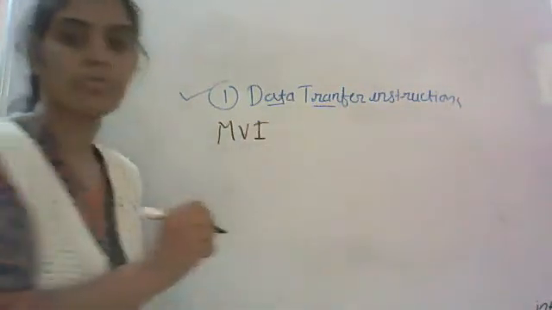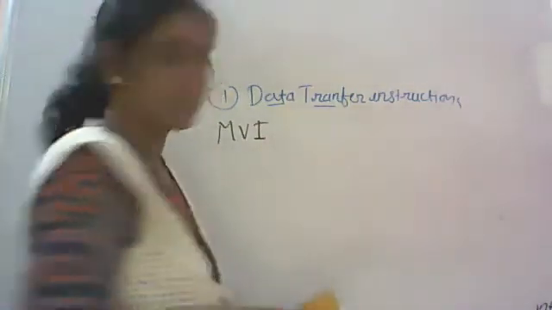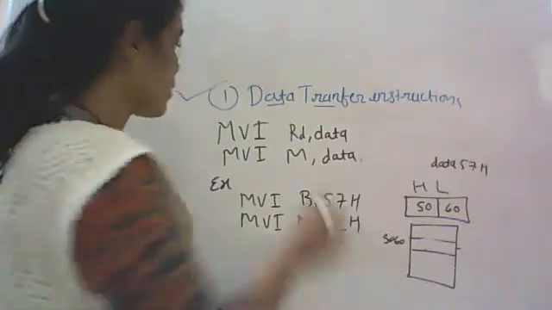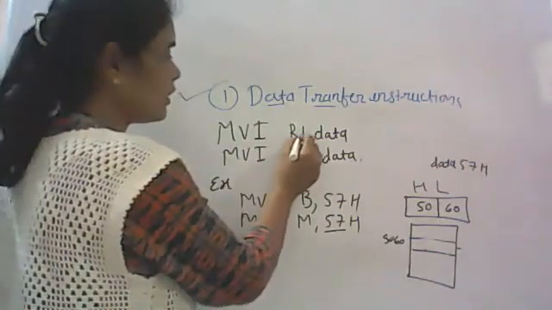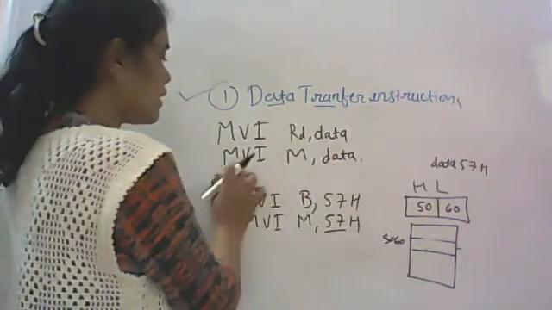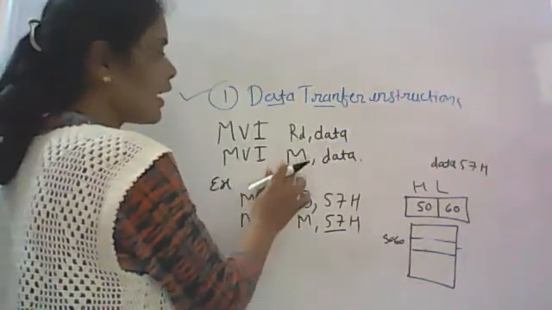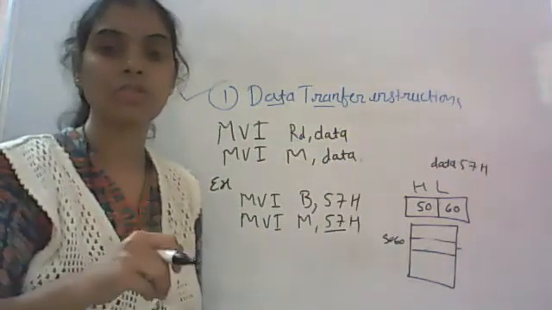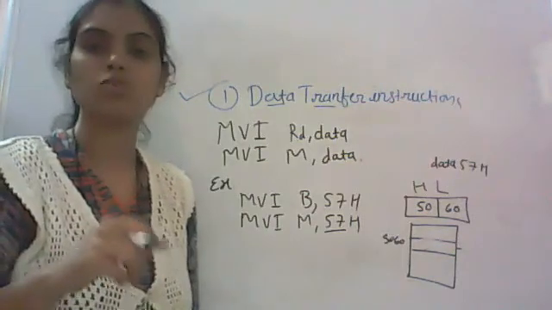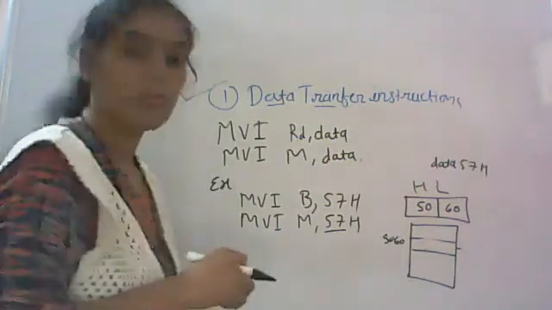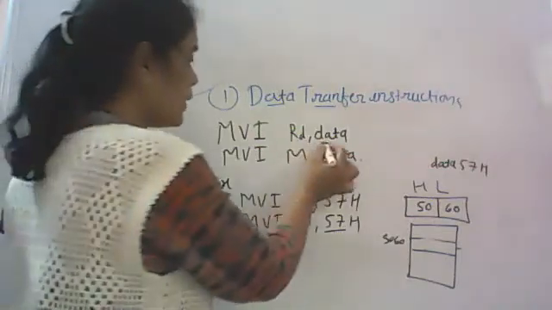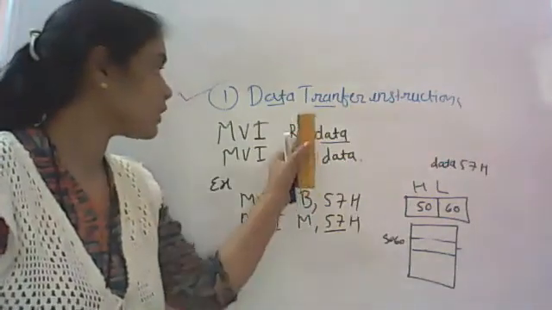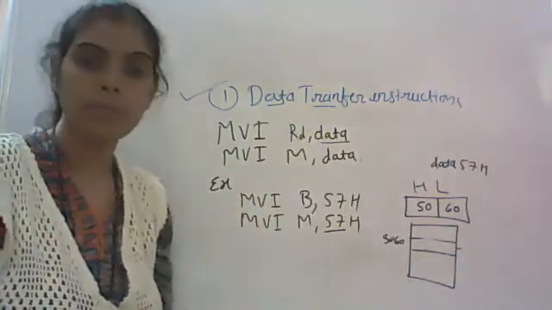MVI Rd, data; MVI M, data. In this instruction, the 8-bit data is stored in the destination register or memory. The 8-bit data is immediately stored in the destination register or memory.